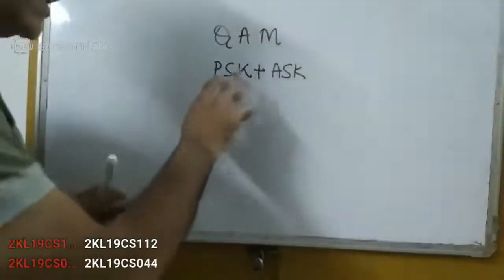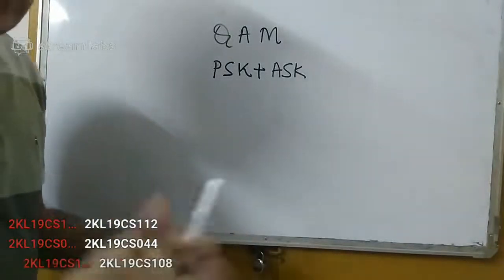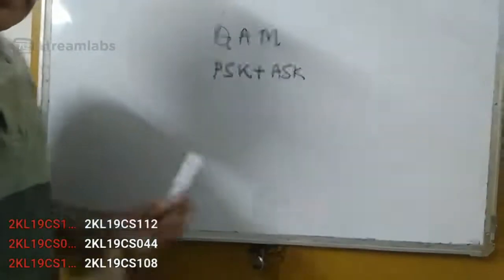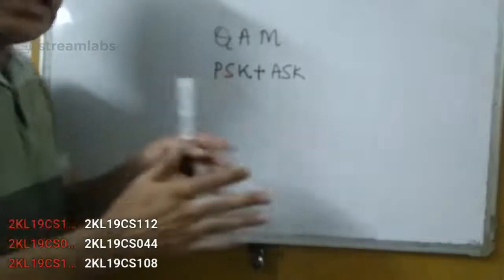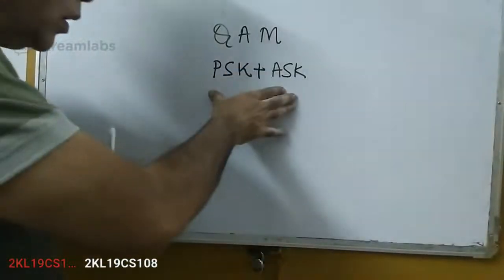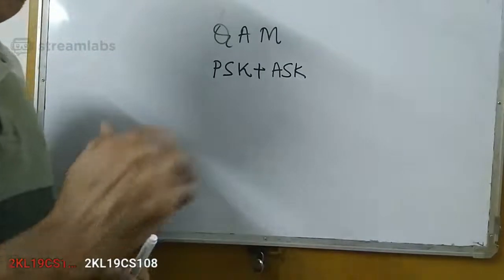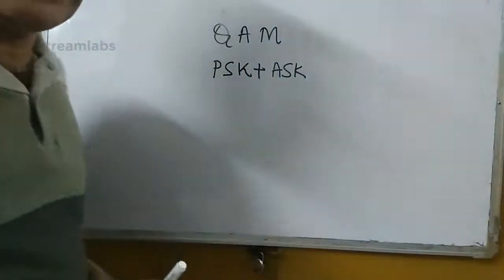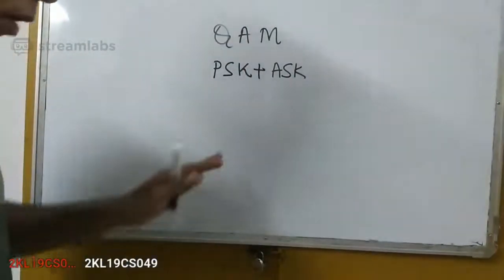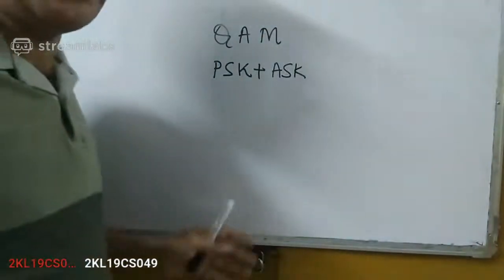Now what is the problem with PSK? I will tell you. When I talk about going for multiple phases, PSK is the best among ASK and FSK, that is at least concluded. Now if I plan to use only PSK by increasing the number of phase levels, then it makes the system more complicated.